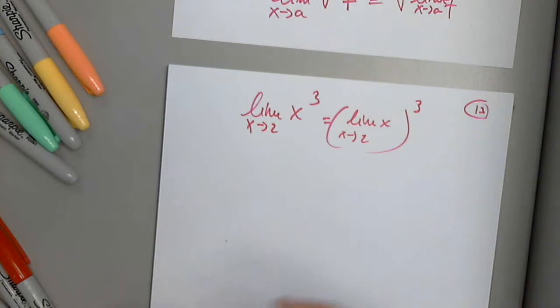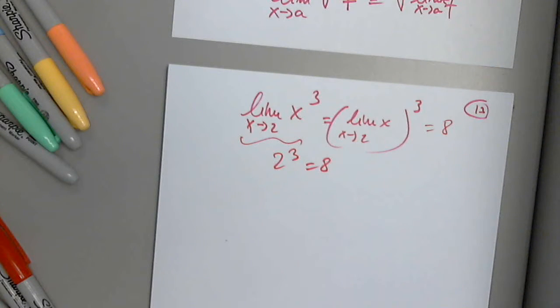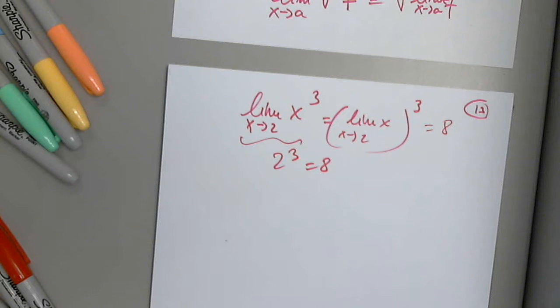So I would get 2 to the third, which is 8. Why? Because x cubed is continuous. Very good question. Is this better? Okay, very good. I knew someone would ask, and I'm happy you did.